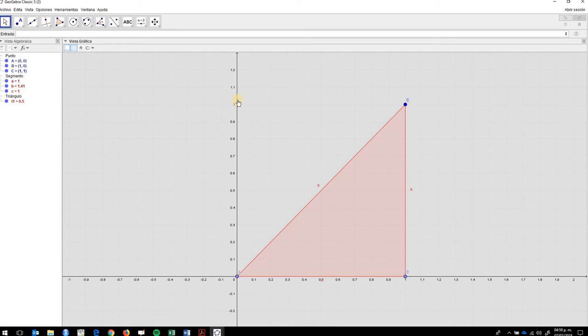Since the amount we're going to sell cannot be greater than the amount of gas that we have in our tank, this triangle, this area, represents all the pairs x and y that can be input into our density function.